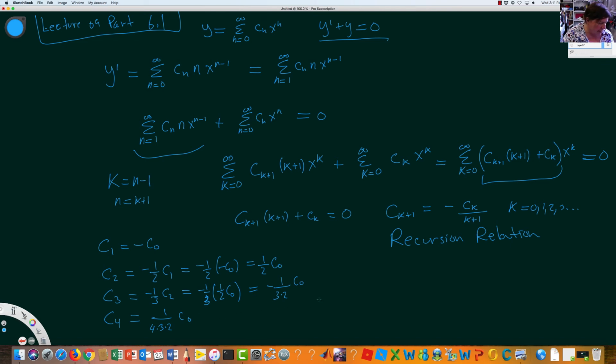I hope you're seeing a pattern. And so if we write all this down, let's write down the actual series. So the series is the sum from n equals 0 to infinity of Cn x to the n. Let's write out a couple of terms. When n equals 0, we have C0 x to the 0, plus the next term, C1x, but C1 is minus C0, so minus C0x.